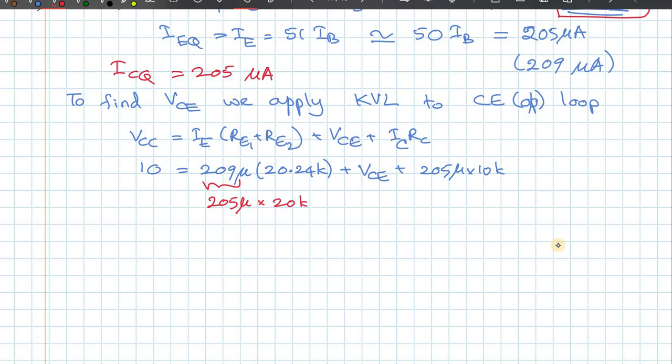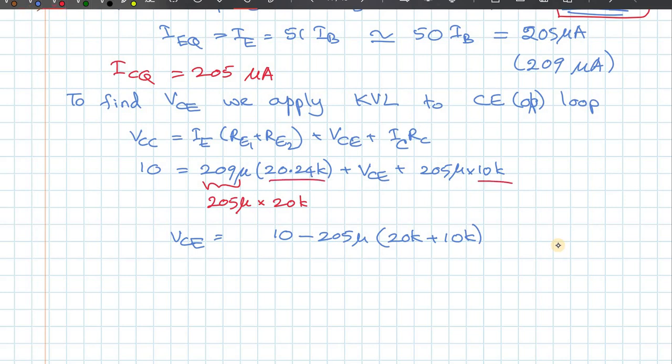My value will be VCE is roughly about 10 minus 205 microamperes times (20K plus 10K). So 20K comes from here, 10K comes from here.